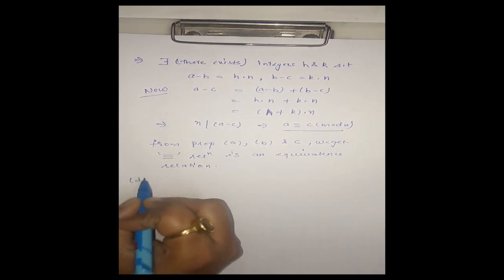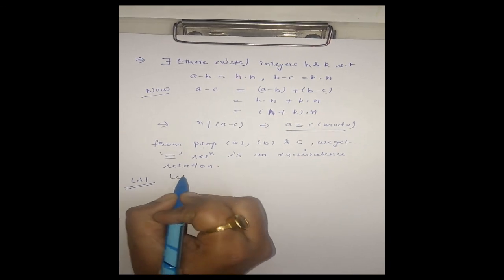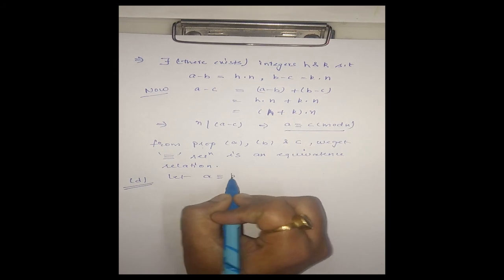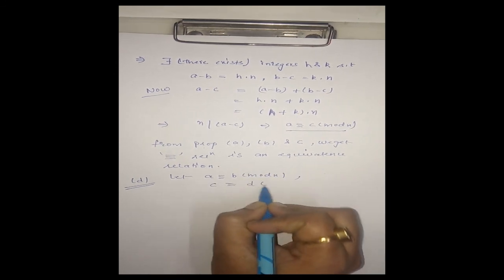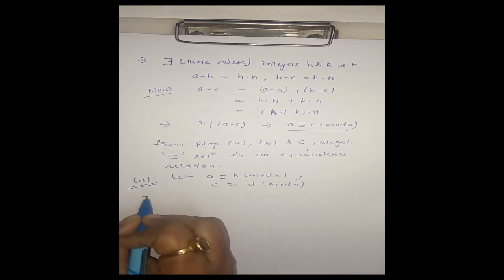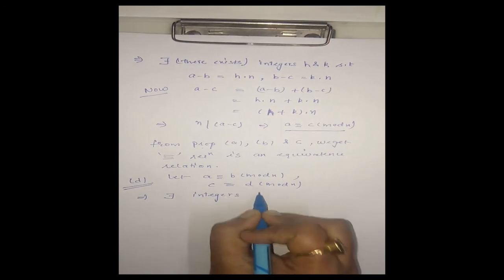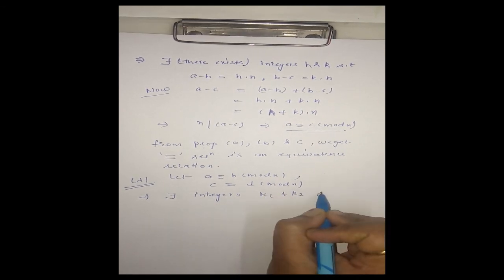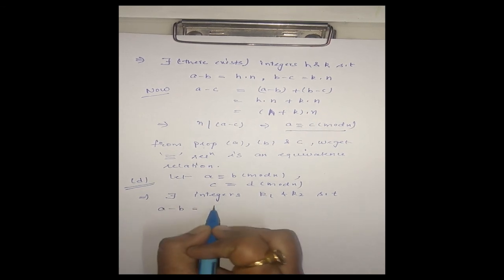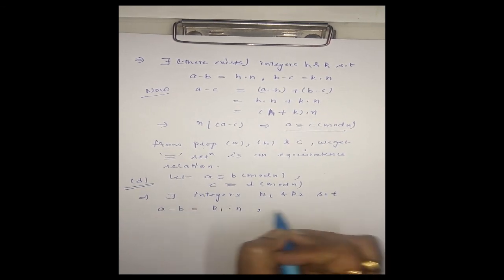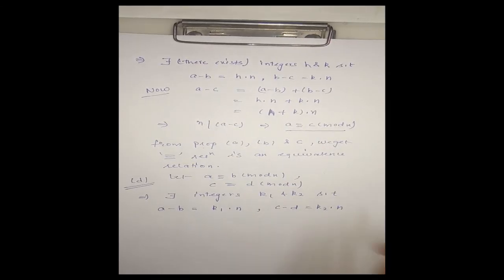Now we will prove the d part. Now let a is congruent to b modulo n and c is congruent to d modulo n. This implies there exist integers k1 and k2 such that a minus b is equal to k1 into n and c minus d is equal to k2 into n. Clear?